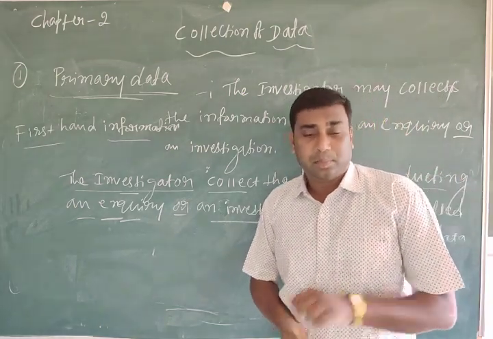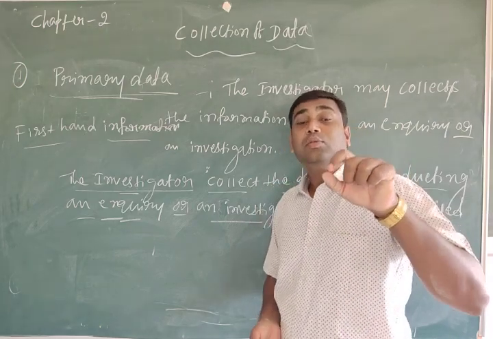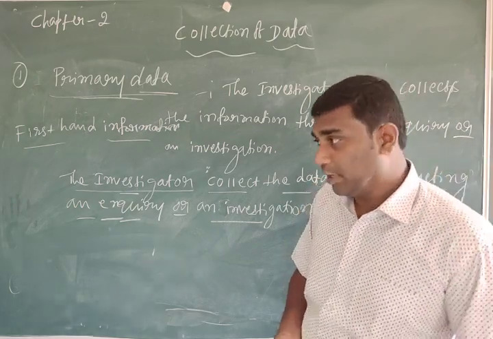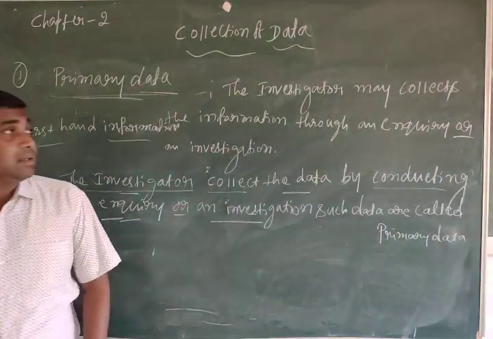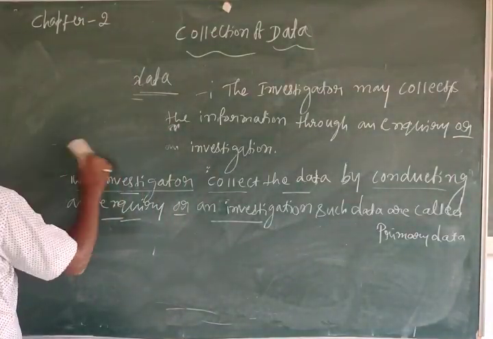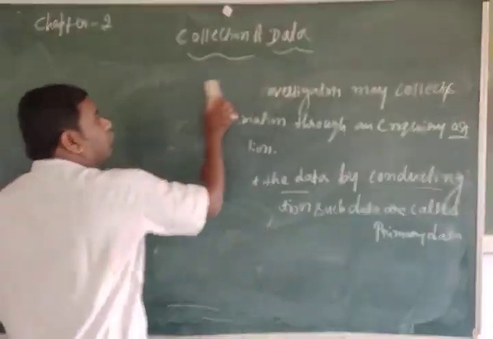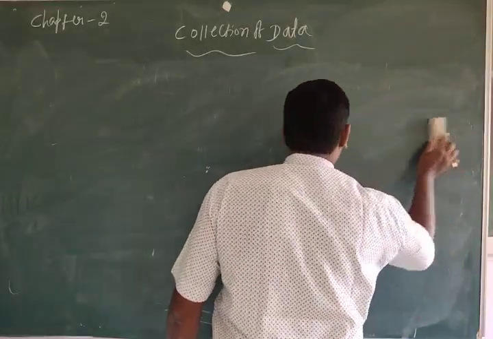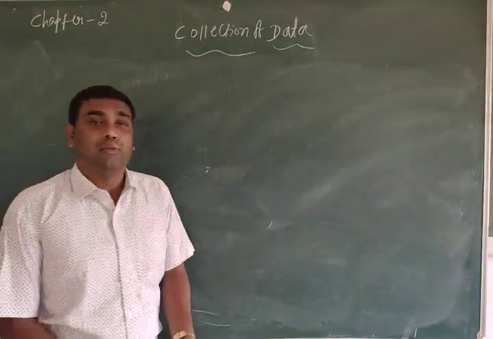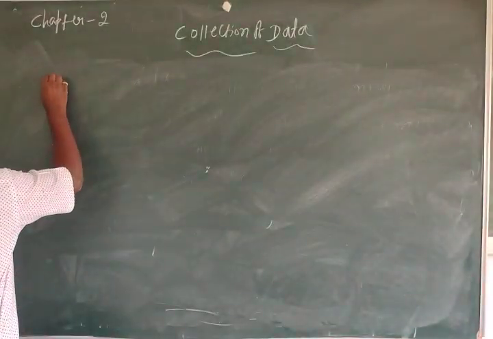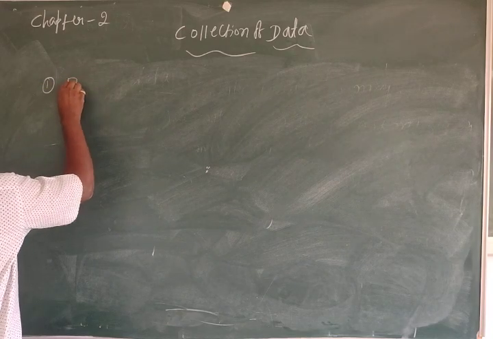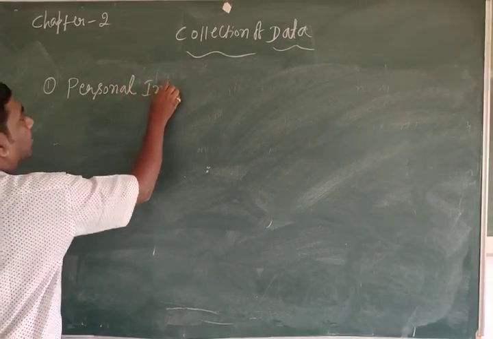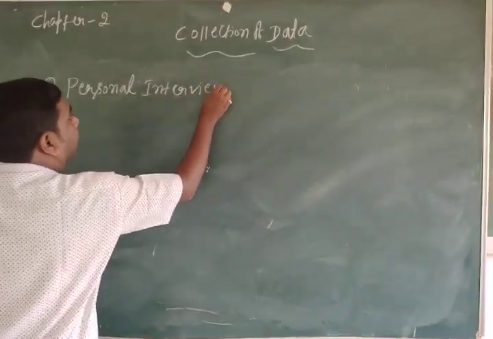So in the primary data, we have to understand four basic ways. The investigator or enumerator can collect the data or information in four ways. One is personal interview.